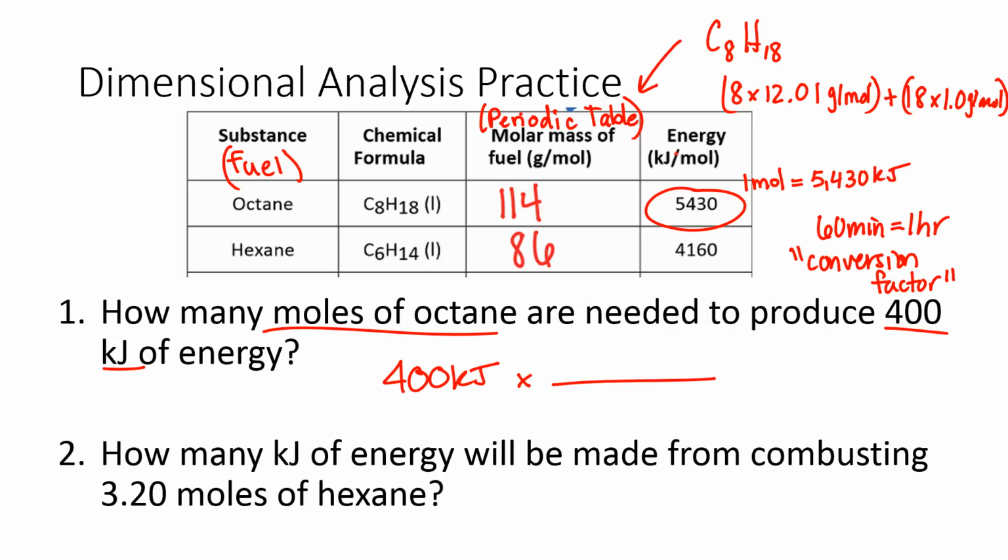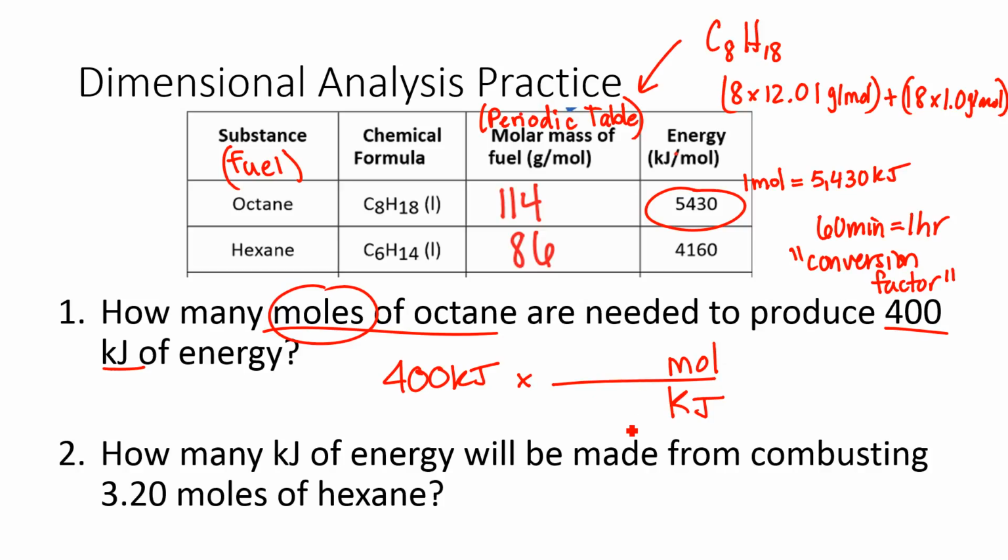And then going back to our dimensional analysis strategy, I have a certain unit here that I'm beginning with, and whatever units I have should show up on the bottom of this conversion factor, and the units that I want, which is moles, should show up on the top. So I want to get rid of kilojoules and end up with moles.